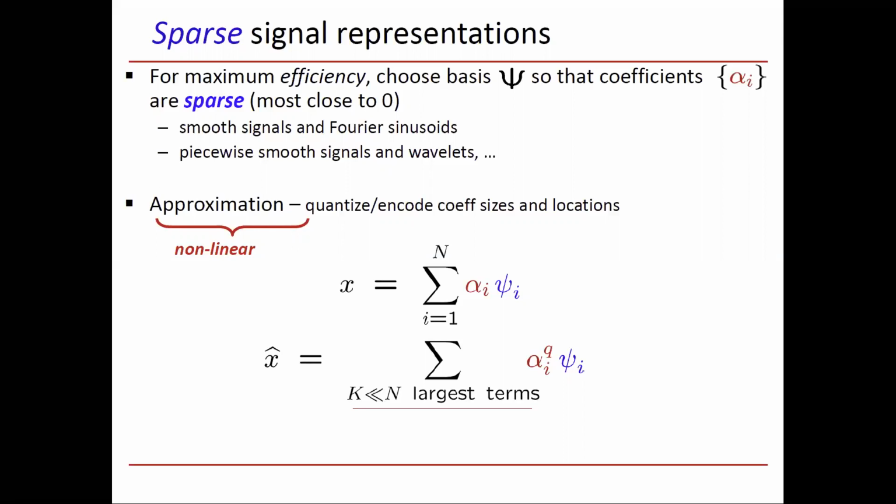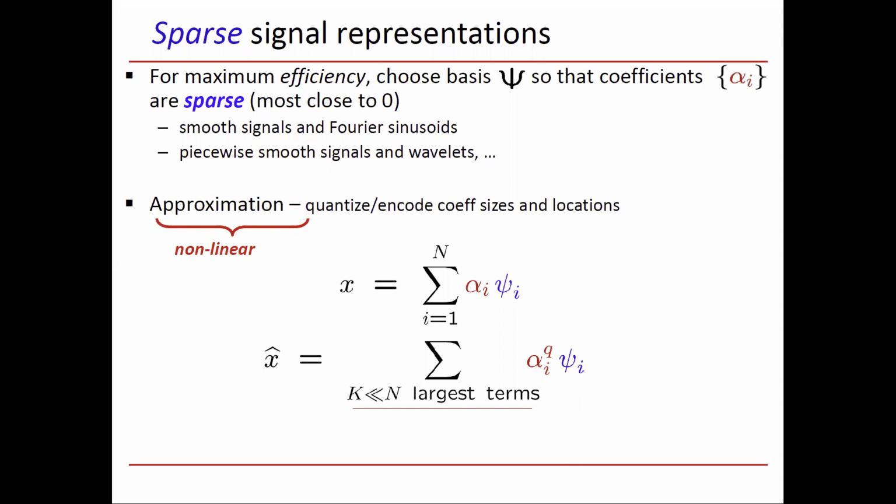One example would be that smooth signals are sparsified by Fourier sinusoids. Another example is that piecewise smooth signals are well represented by wavelets. So this brings up, now that we have the understanding that there are classes of signals, and we're going to see an example soon, classes of signals that are sparsified by some well-chosen representations, let's talk about how to approximate a signal with respect to a representation psi.